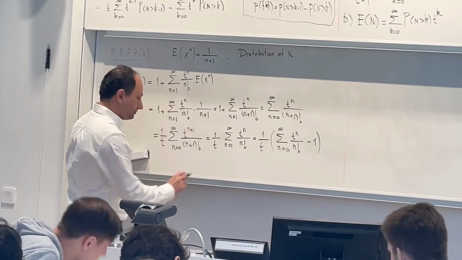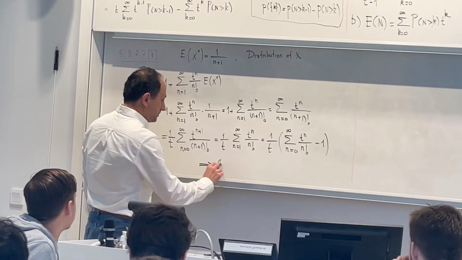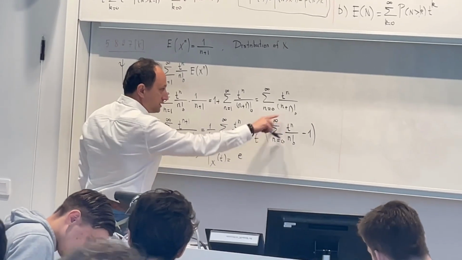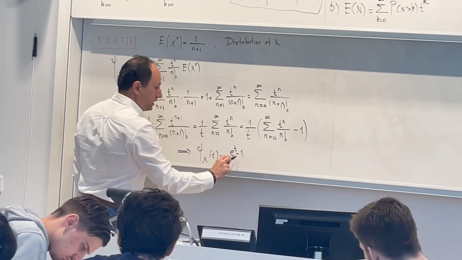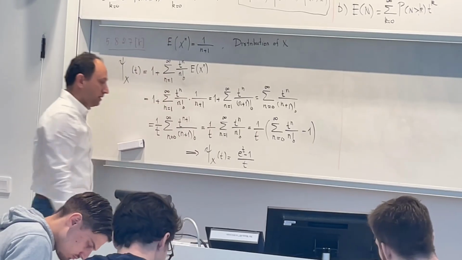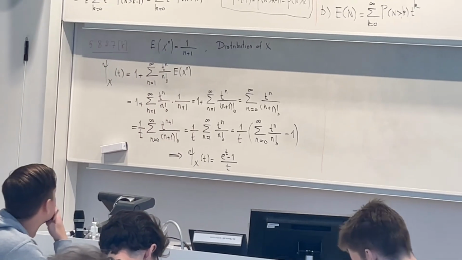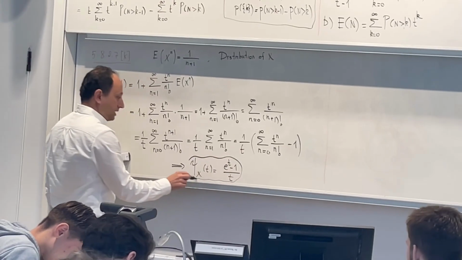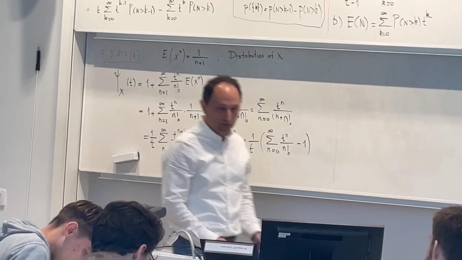But then everyone knows about this. What is that? So this means that psi x of t is equal to e to the power t minus 1 divided by t. I don't have it in my memory, but I'm sure that this should be found in the back of your book. So you have to go to the distributions.